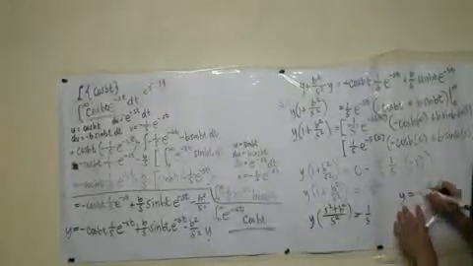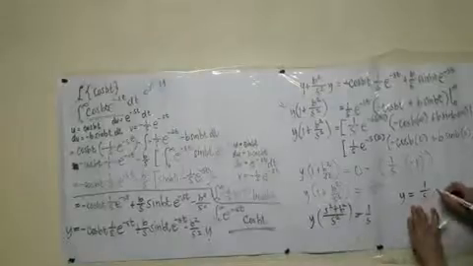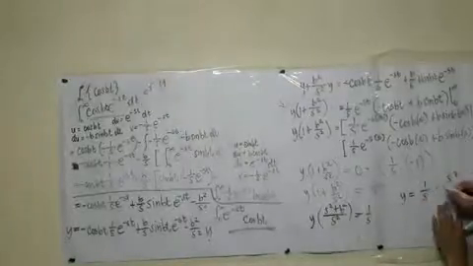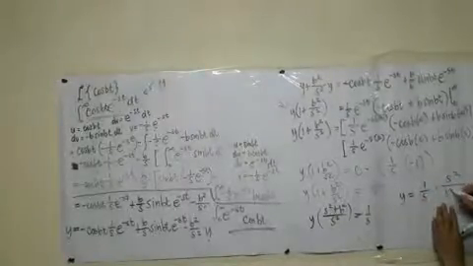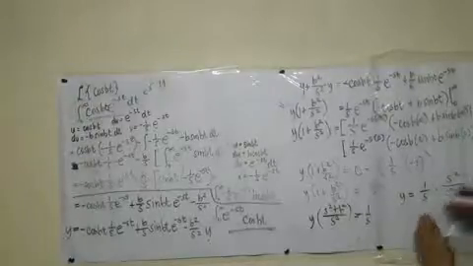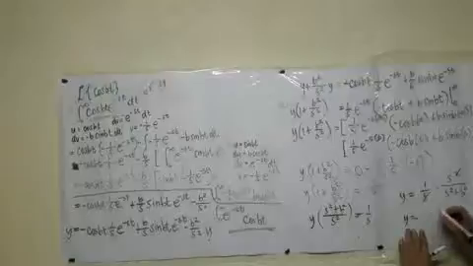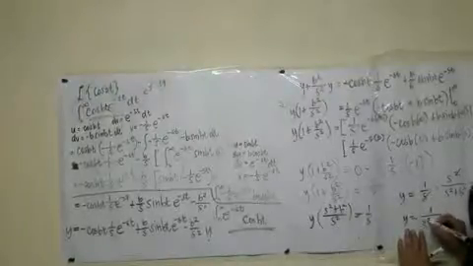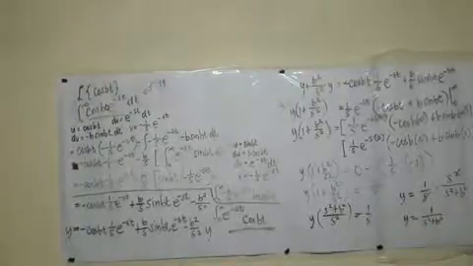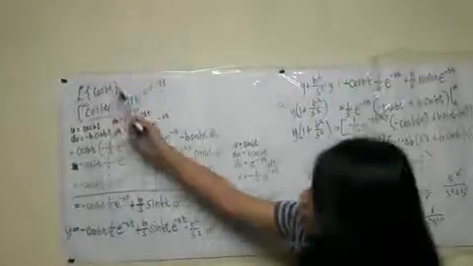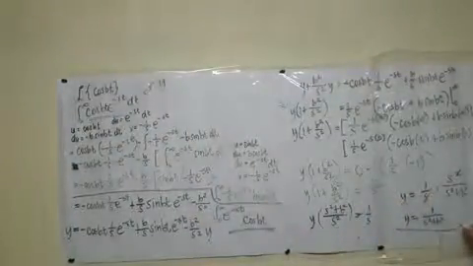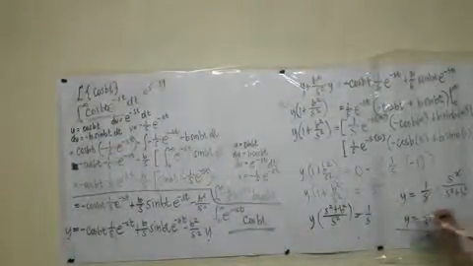Y here is equal to 1 over s times s squared over s squared plus b squared. So cancel, y is equal to s over s squared plus b squared. So we can say that the Laplace of cosine bt is equal to s over s squared plus b squared.